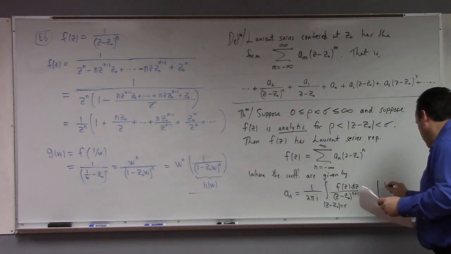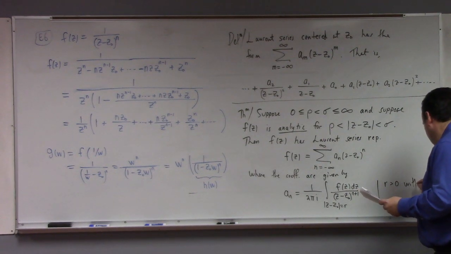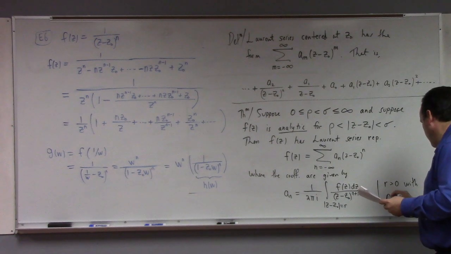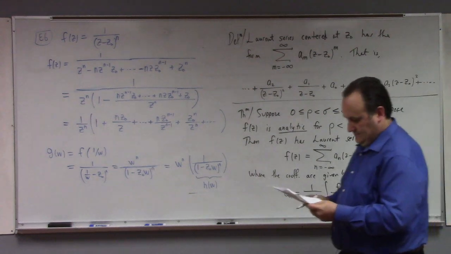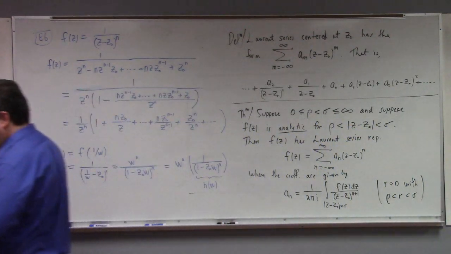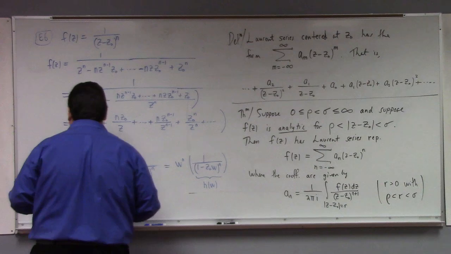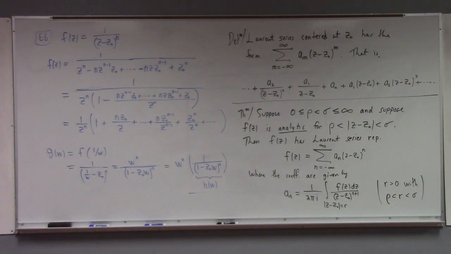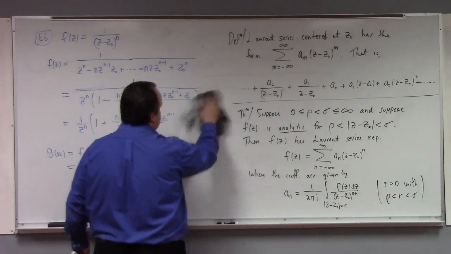Here r is greater than 0 with rho less than r less than sigma. And by the way, this is unique. There's a unique Laurent series in this sense.